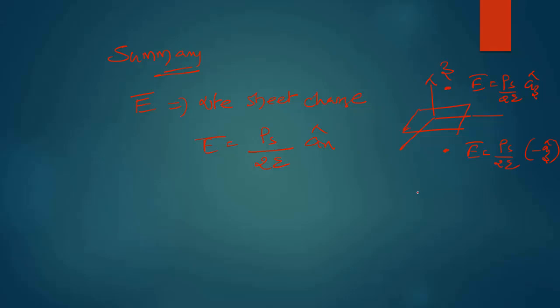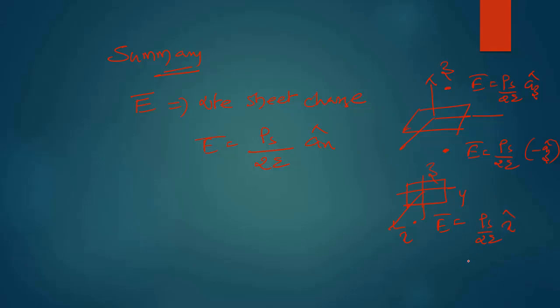For example, if your sheet is on the yz plane, this is y, this is z, and this is x. If you want to calculate the electric field towards the positive x direction, then E bar is given by rho s by 2 epsilon a x cap.